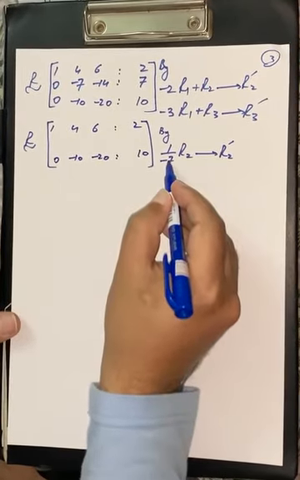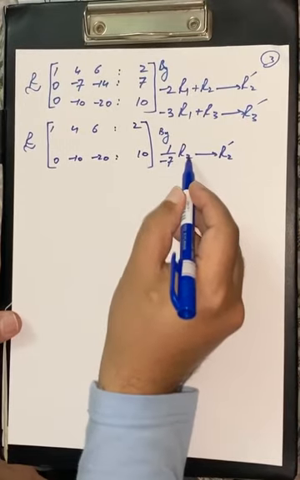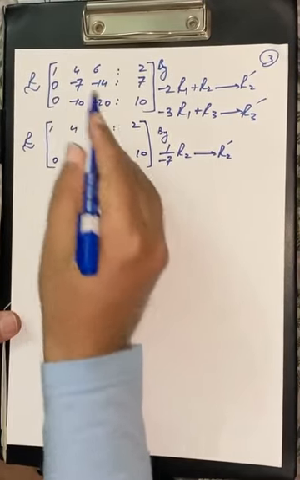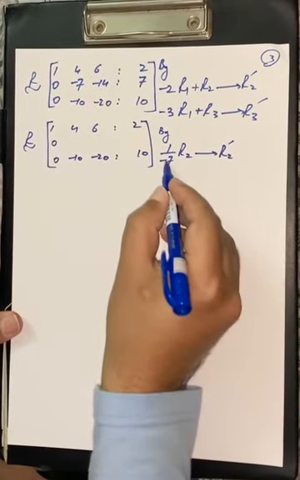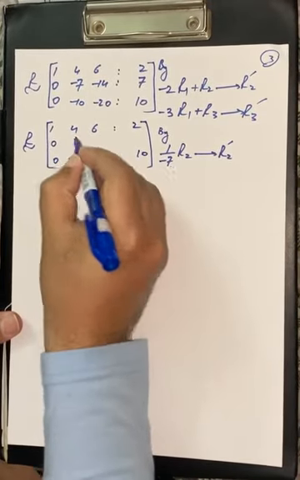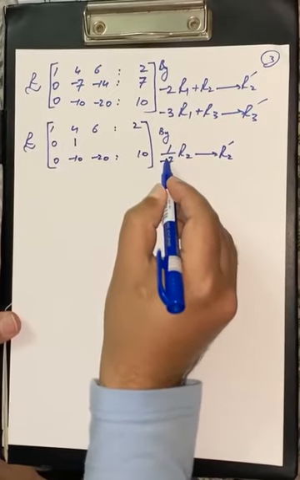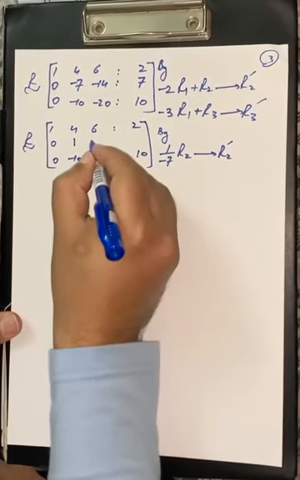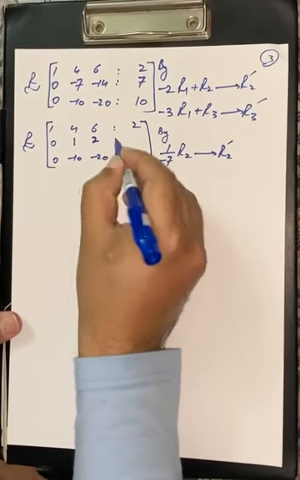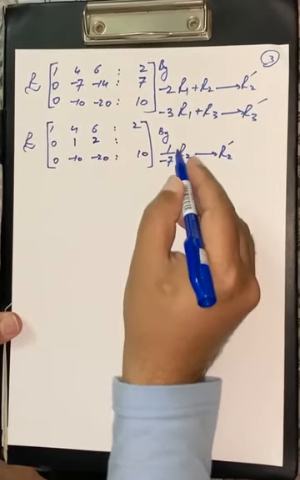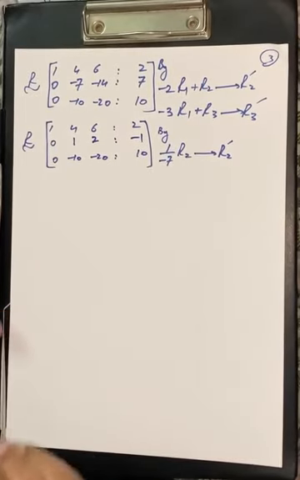Now we divide all of row 2 by minus 7. 0 divided by minus 7 gives me 0. Minus 7 divided by minus 7 gives me 1. Minus 14 divided by minus 7 gives me plus 2. Then 7 divided by minus 7 gives me minus 1.